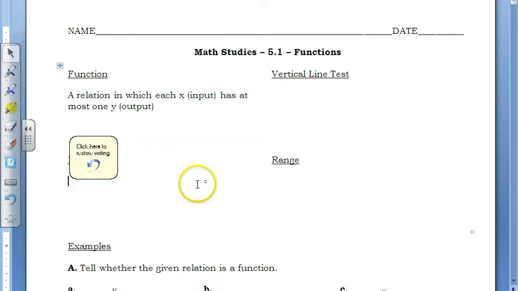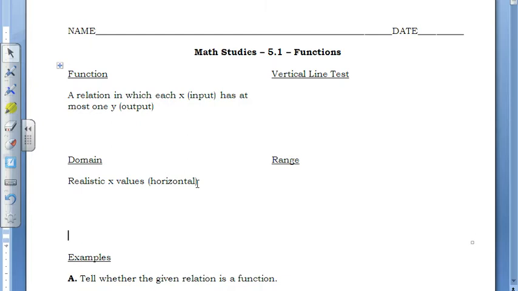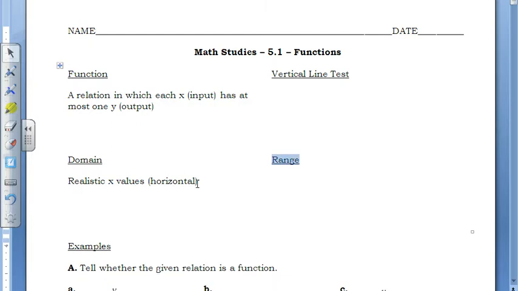The domain of a function is the realistic x values. Remember that x is the horizontal axis, goes side to side, and range is the realistic y values.